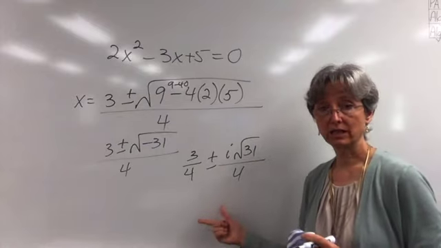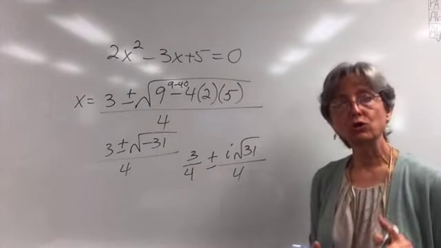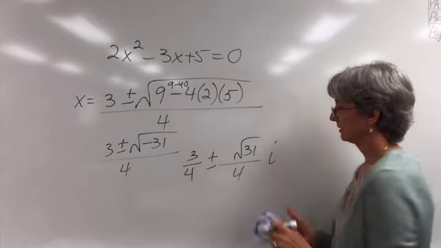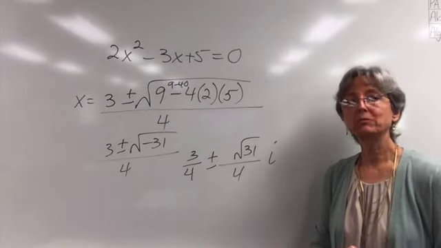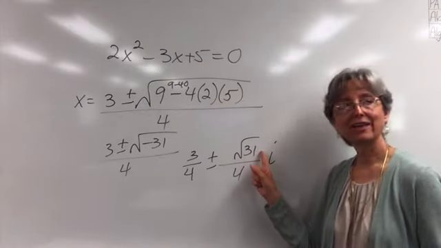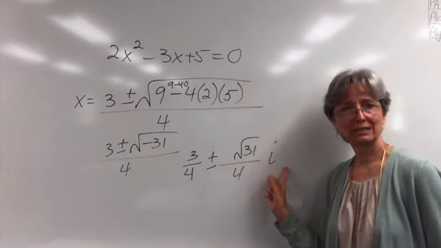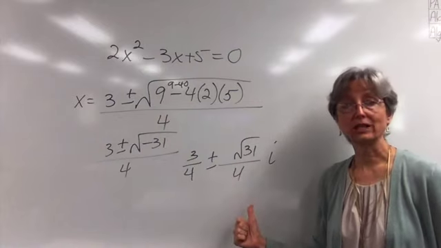That's what it is in standard form, the real number followed by the imaginary. You could write it this way. That's even more officially right. The problem is sometimes students do this and the i looks like it's inside that square root box, and I want to make sure you know that it's outside of it. So in any case, this is your answer.